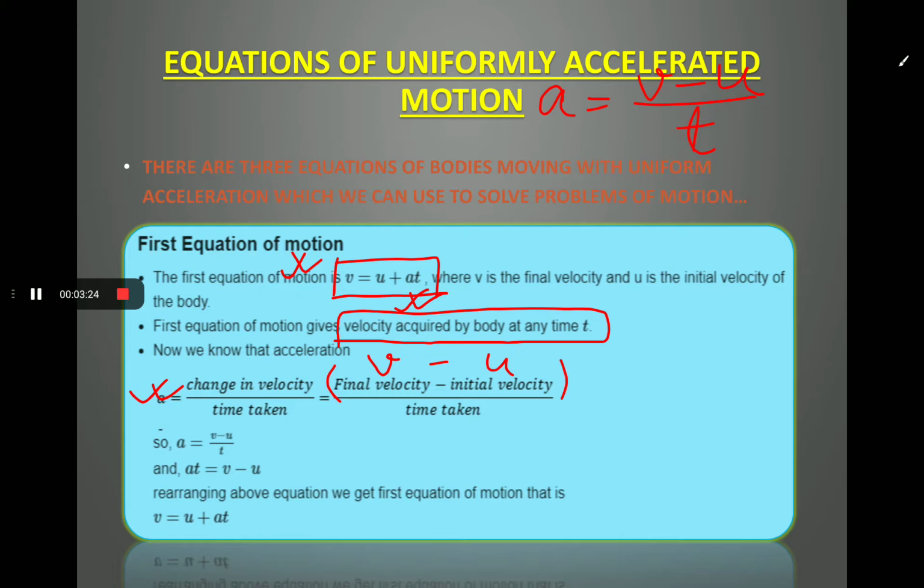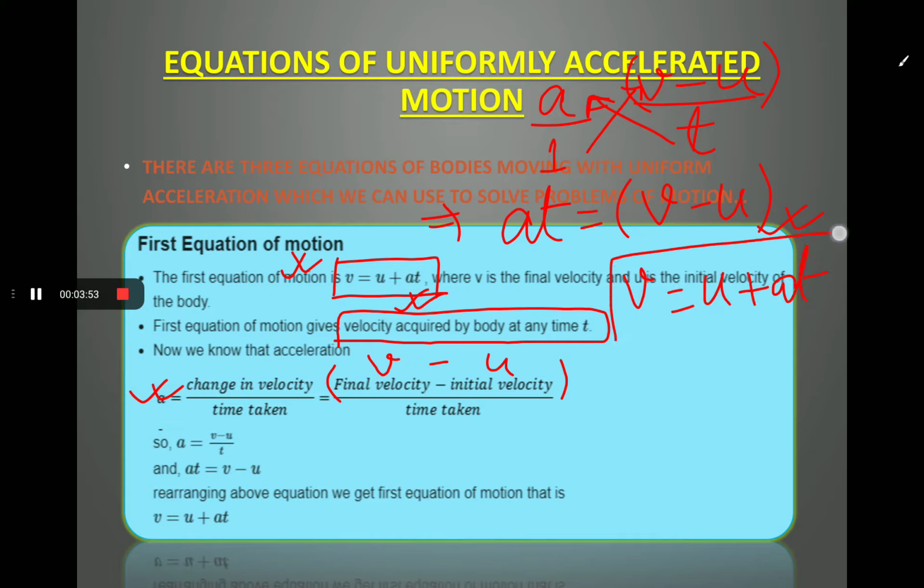Now we can put 1 in the denominator of acceleration, and when we cross multiply, it becomes at is equal to v minus u. When we arrange this equation, we get v is equal to u plus at. This is the first equation of motion.